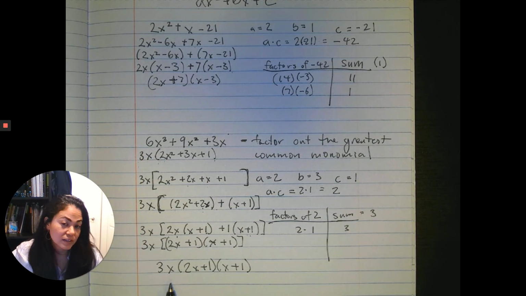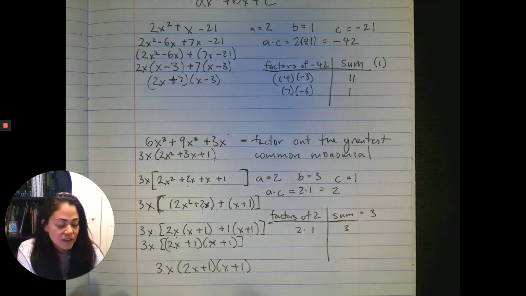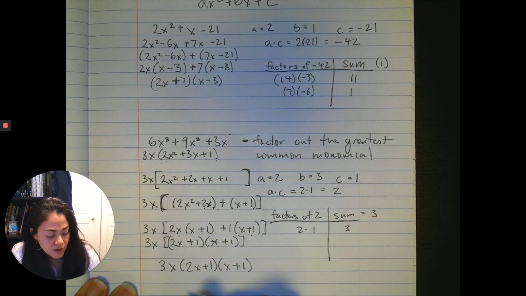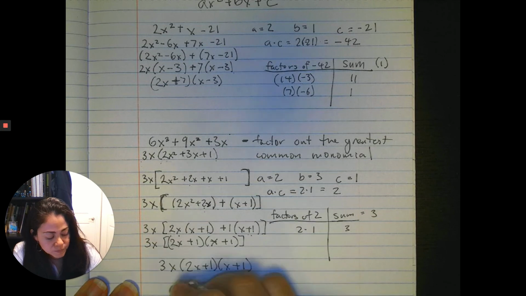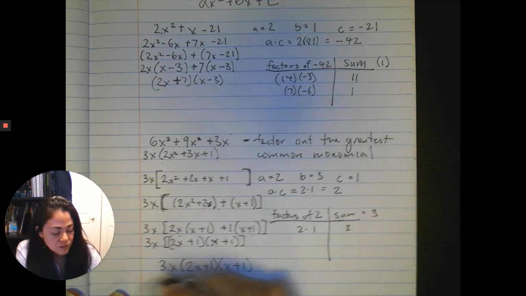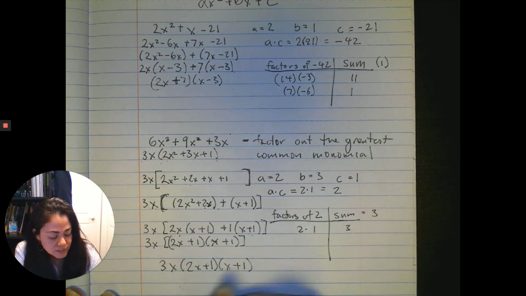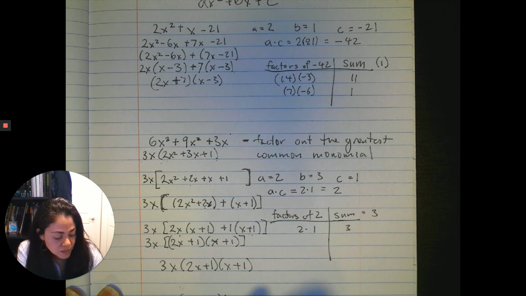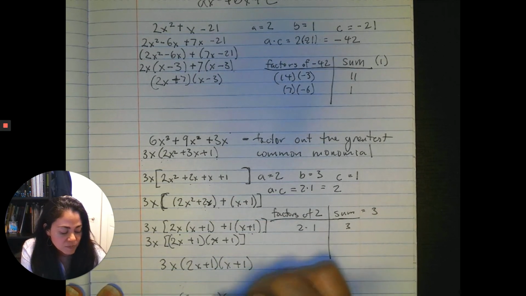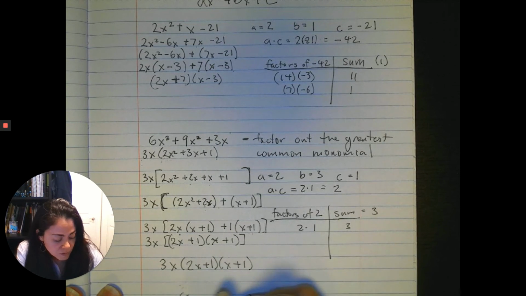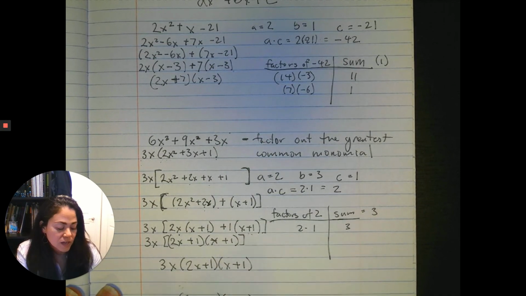If you don't see it in the end, and if you did end up with, for example, let's see, if you got to 6x squared plus 3x times x plus 1, then you might look at this binomial and notice that you could factor out, oh, you can't really do that.